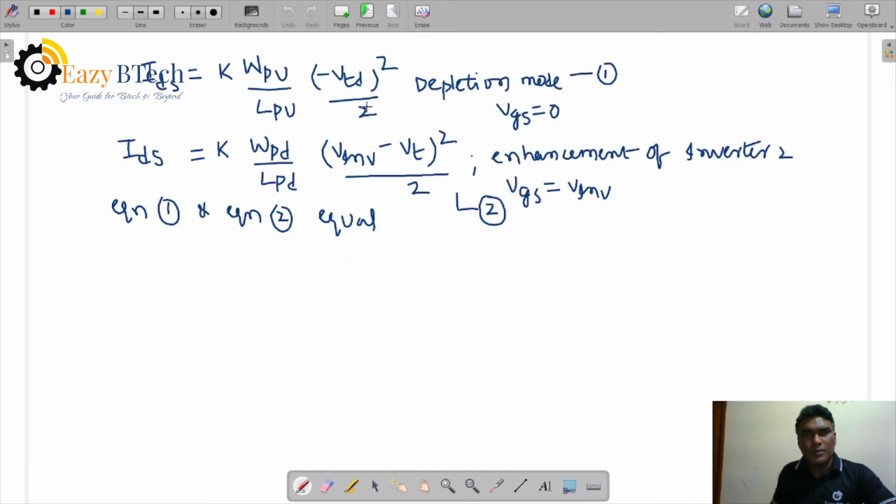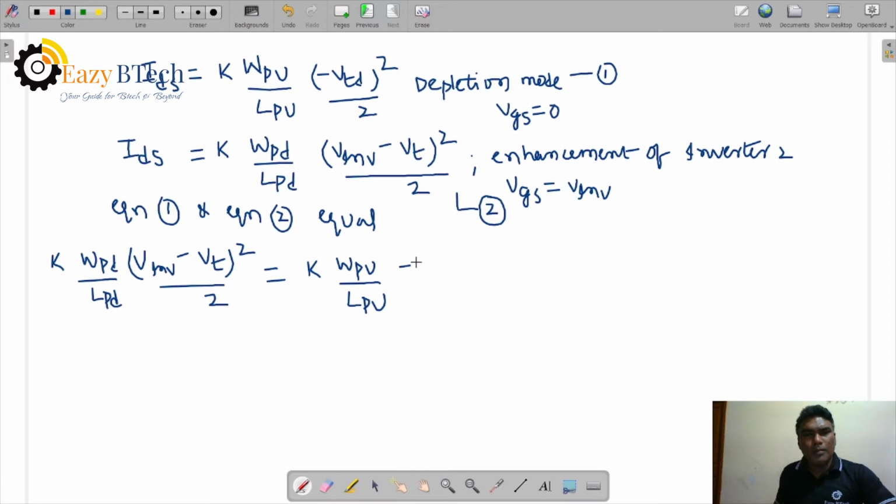Now equating this, what happens: K into W pull down by length pull down, times V inverter minus Vt whole square by 2, is equal to K into W pull up by length pull up, times minus Vtd whole square by 2.